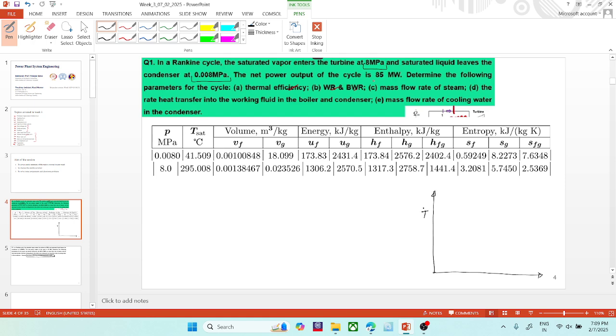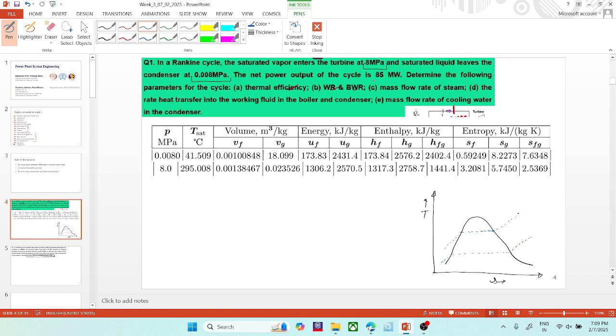Okay, so this would be my temperature, this would be my entropy, and the dome would look like this. Okay, so let me change the pen color. So they have asked that the steam is entering the turbine as saturated vapor, so this point would be at this line. Okay, let me draw two pressures here first. These are constant pressure lines.